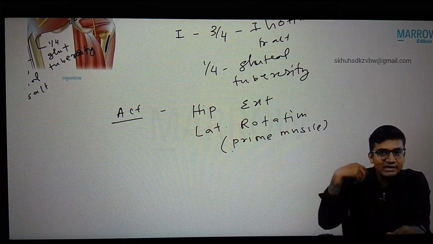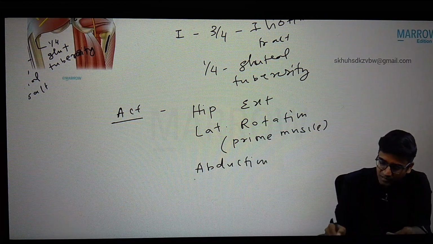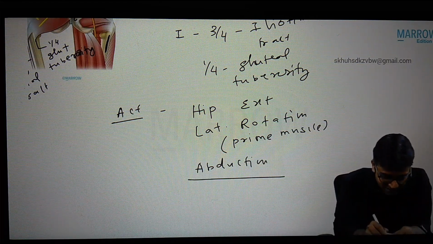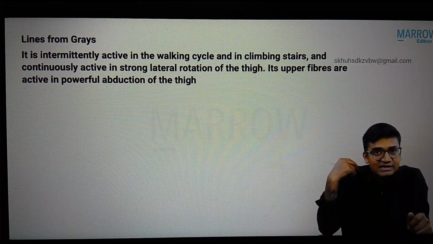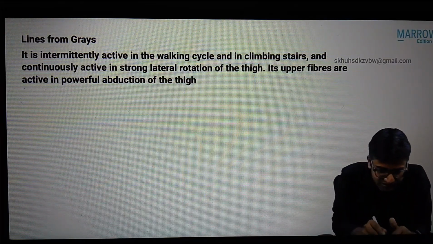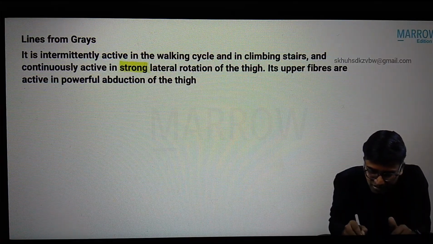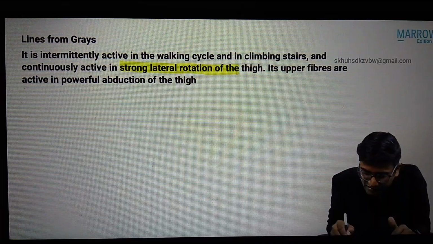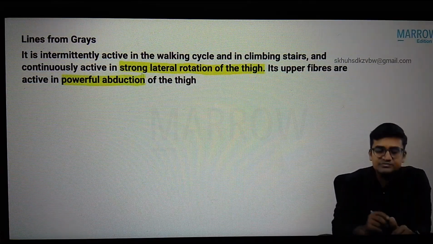And the muscles doing the lateral rotation, they also do abduction. Abduction of the hip. Now this is a line given by Gray's anatomy. Now this muscle extends the thigh. And this muscle is a prime muscle, I told you, the prime muscle or main muscle for lateral rotation of the thigh. And the upper fibers are also helping for abduction.